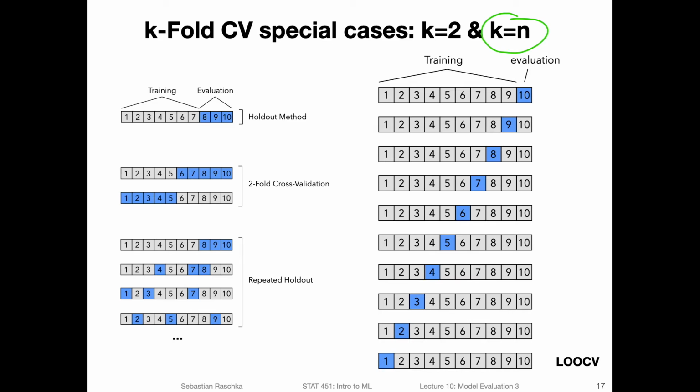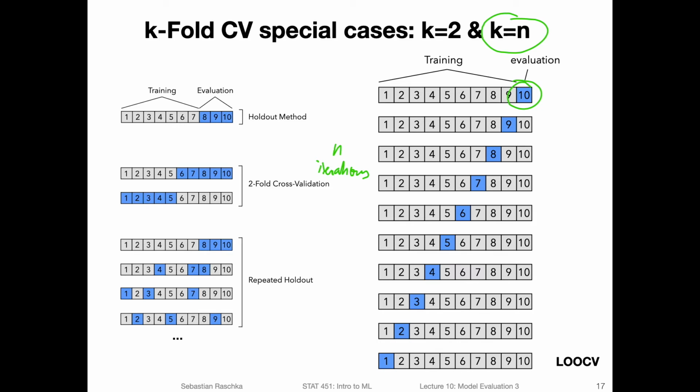So if we set k equal to n, then the number of iterations will be equal to the number of data points. So if we have n data points, we will have n iterations, and the validation set consists of only 1 data point.